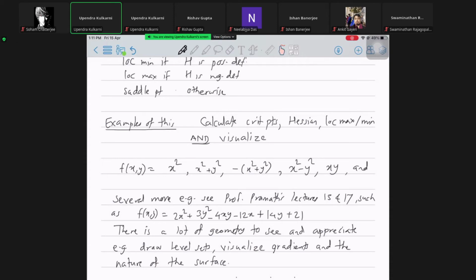So this is interesting. What is the most interesting contour line? Of course, the one that passes through the origin. So at the origin, the value of this function is 0, x square minus y square equal to 0. What is the graph of that? Come on, x square minus y square equal to 0.